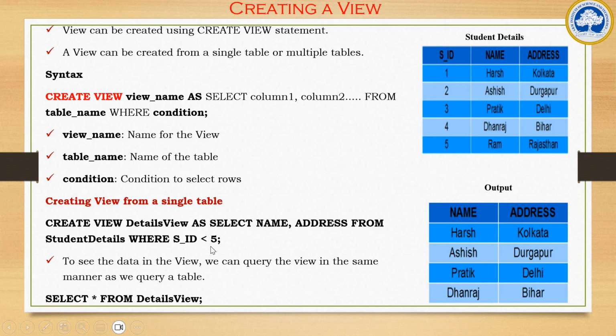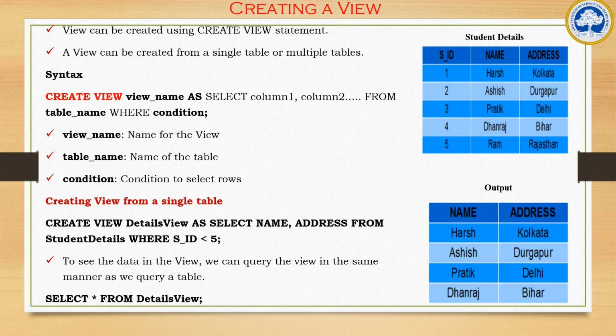Student ID is less than 5. Student ID is also one of the columns, along with name and address. From this I'm selecting just the 2 columns, name and address, and I don't want all 5 rows, only 4 rows, so the condition is mentioned here. Like that I'm creating the view. Now the view was created. How can I see the view table?